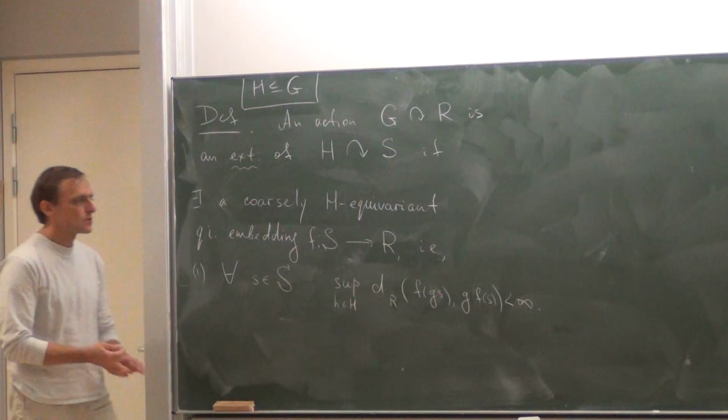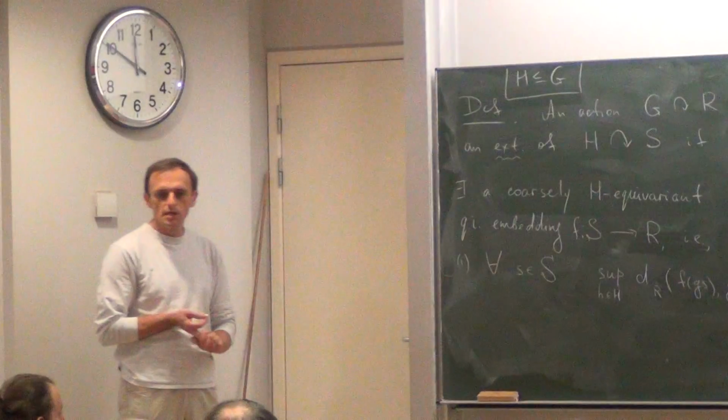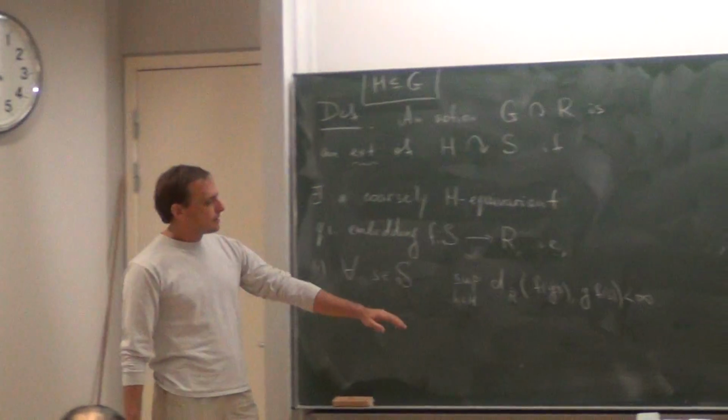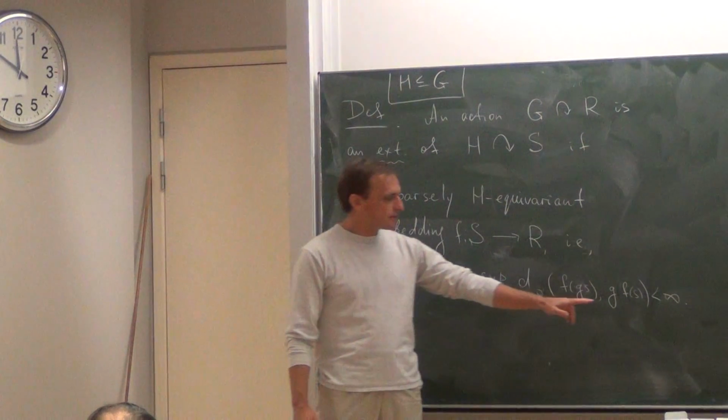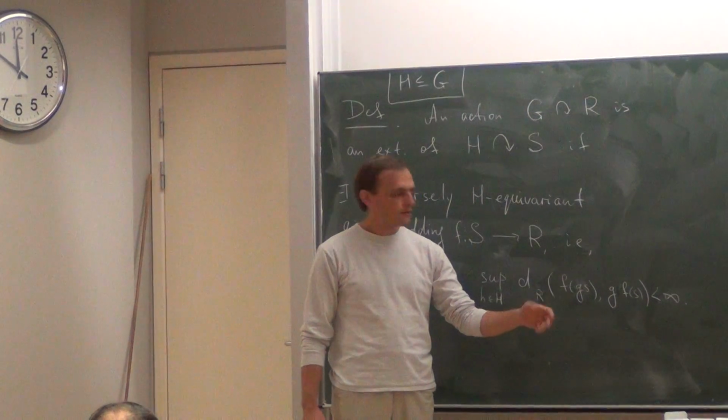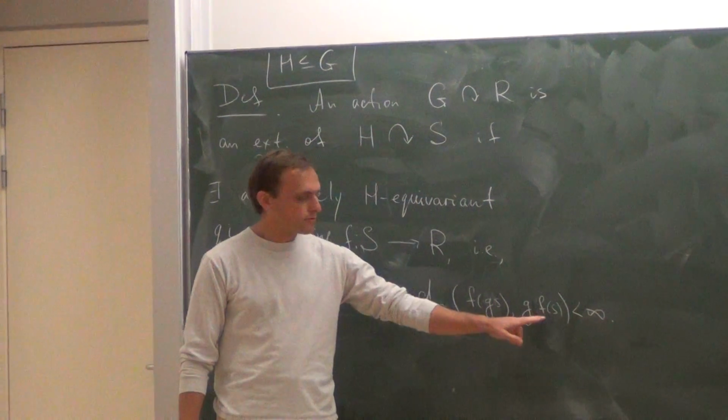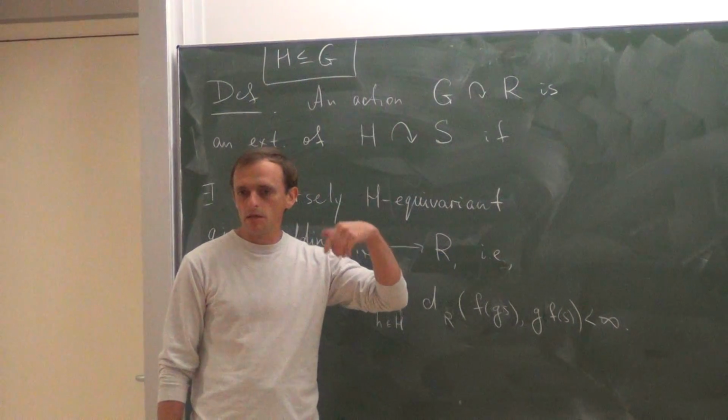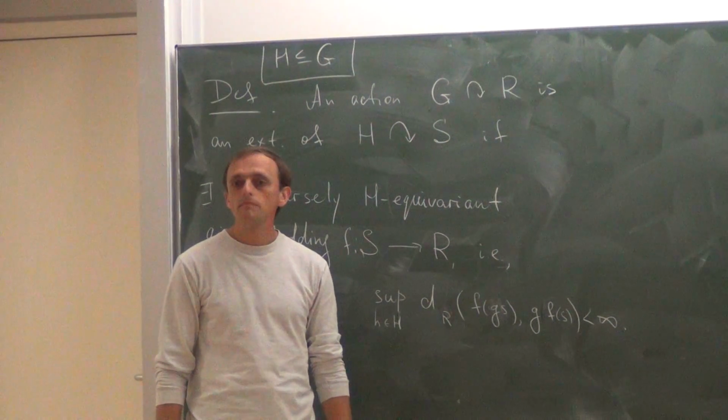So this is my definition of coarsely H equivariant. Well, H equivariant means that this distance is 0, right? F of hs equals hF of s. That means that the map is H equivariant.